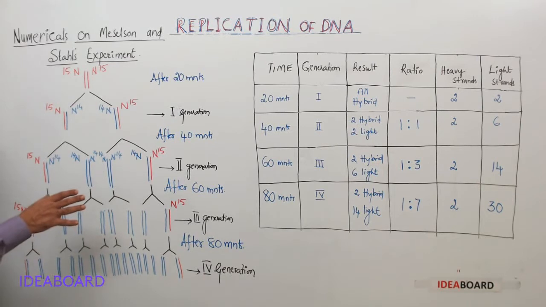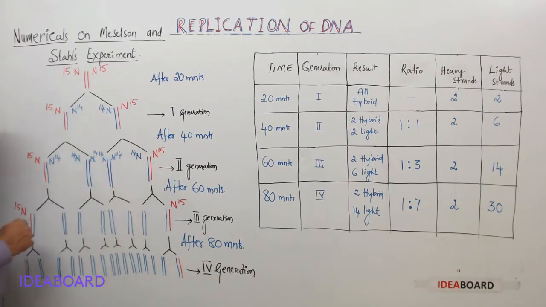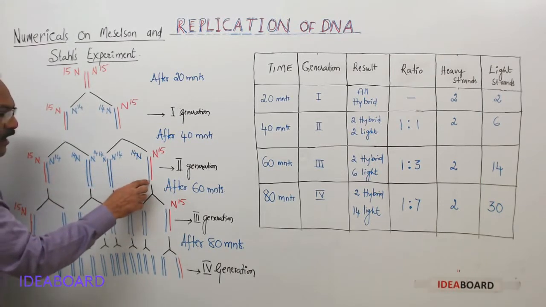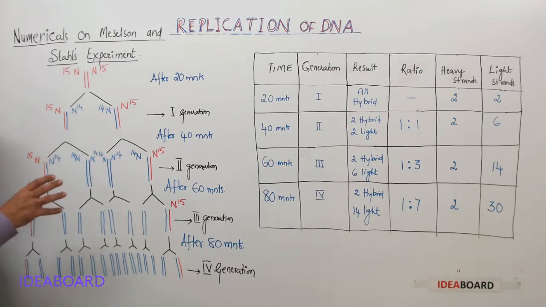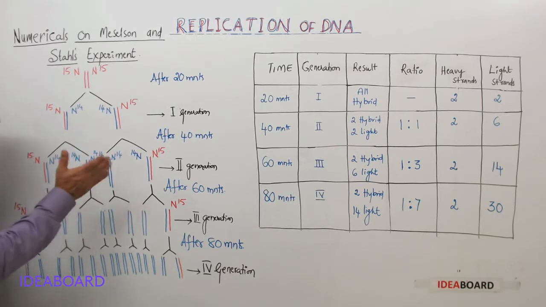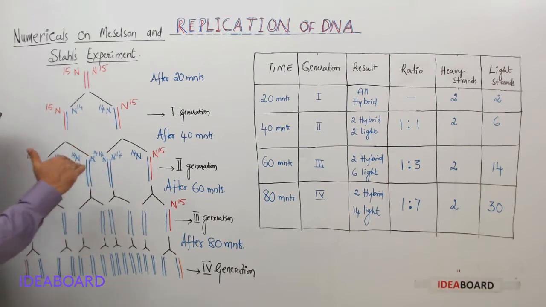You can see what has happened in the second generation. Four are formed, out of which two are hybrid and two are light DNA. From this, they concluded that it is semi-conservative, not dispersive. If it were dispersive, all of them should have N15, and N15 and N14 should be in equal proportion.